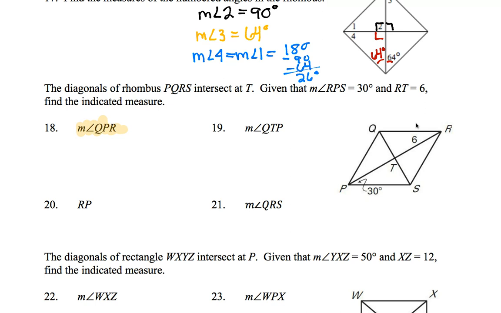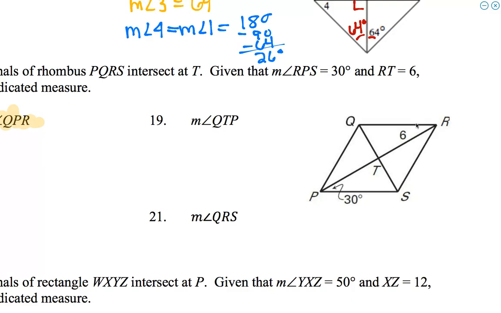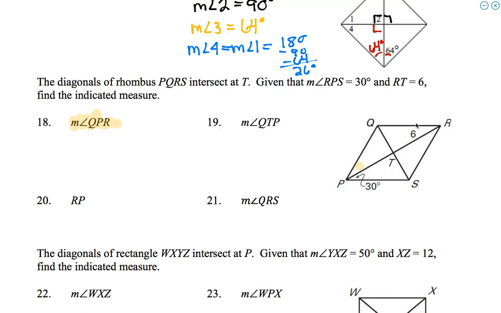So the measure of QPR, so basically it's that angle, that is also going to be 30. QTP is going to be 90 because diagonals are perpendicular.